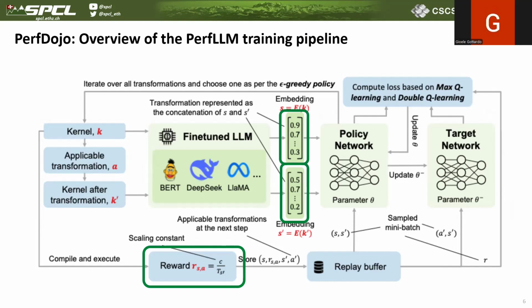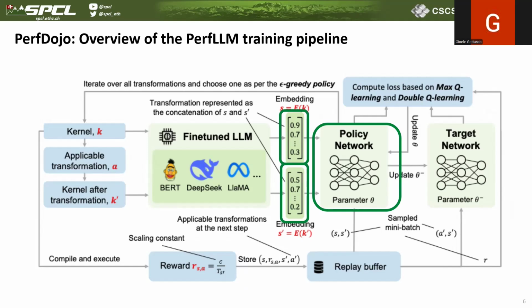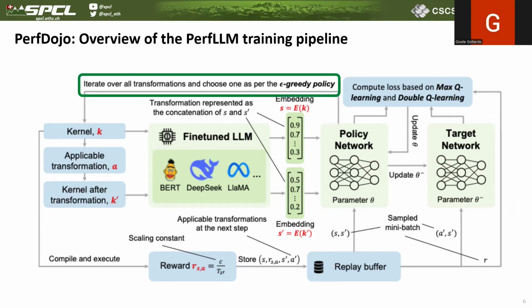So once we have the state space, the action space, and the reward, we can define a reinforcement learning system that will learn how to select the best available transformation. And again, we can repeat this process over and over again until we have selected all the transformations that lead to a final optimized kernel.